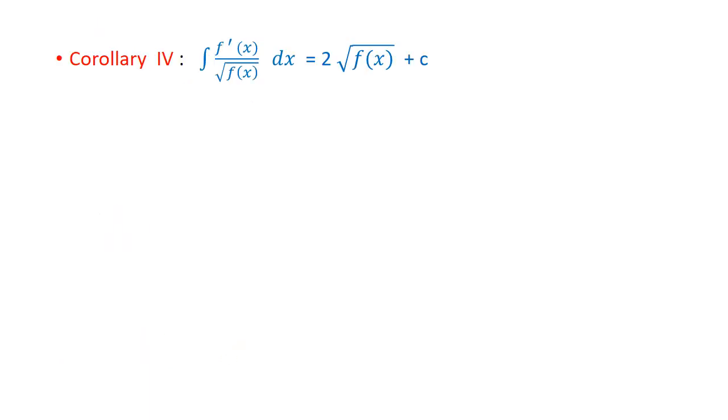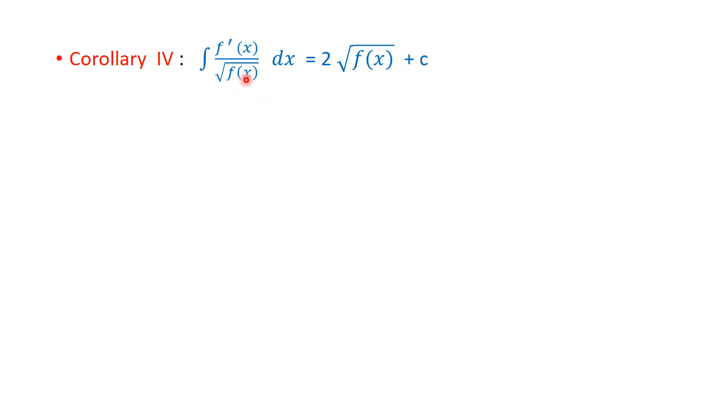So this is our last corollary, the fourth one. This result is also important, and you can use it like a result. Integration of f dash of x by root of fx dx is equal to root fx plus c. There is a proof given.